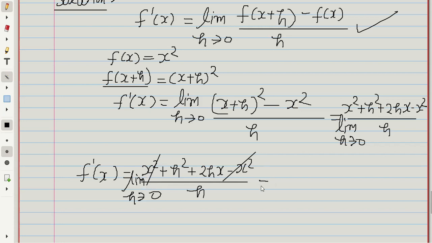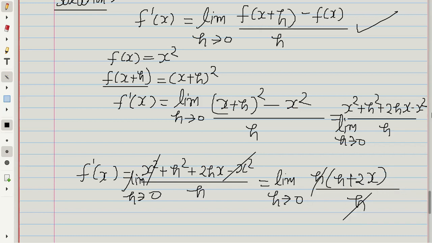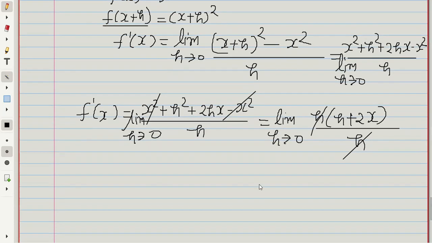Here I can take h common, therefore (h plus 2x) upon h. h and h will get cancelled.